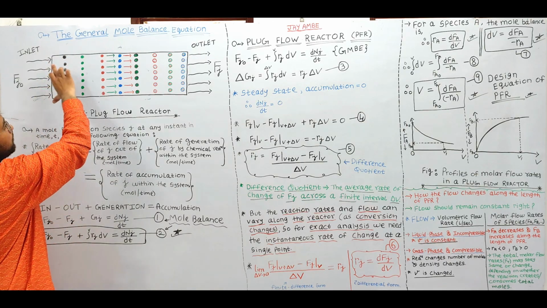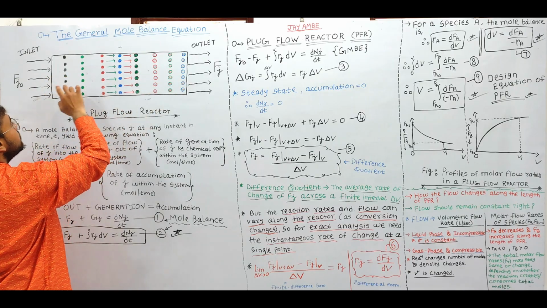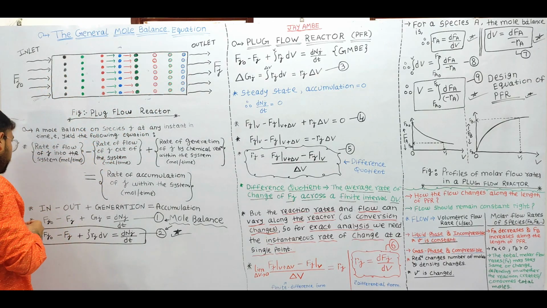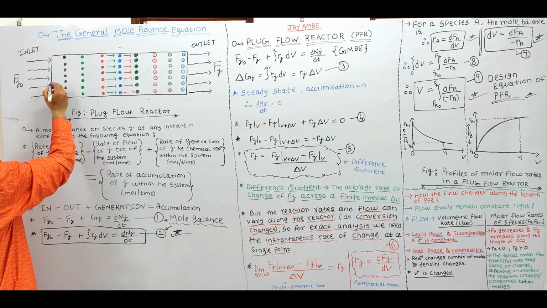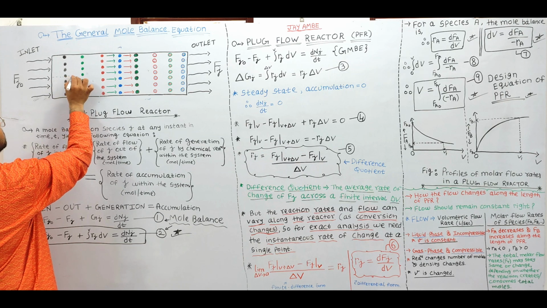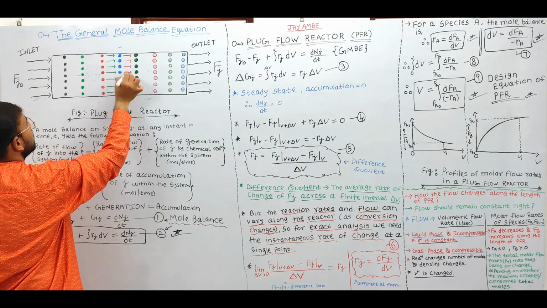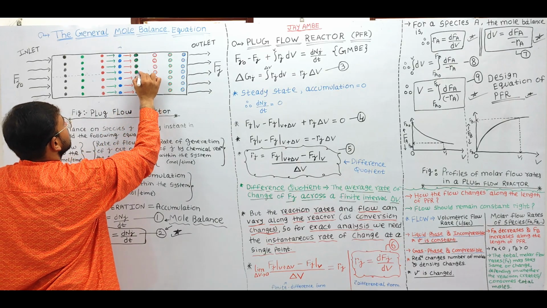So let's say in the plug flow reactor we have the axis on the center, right? The axis of the reactor is on the center.